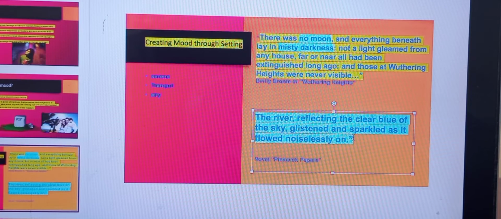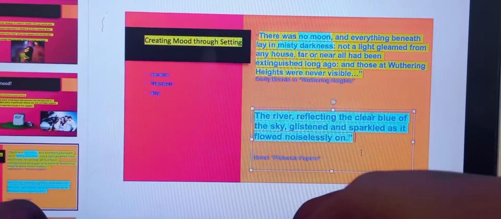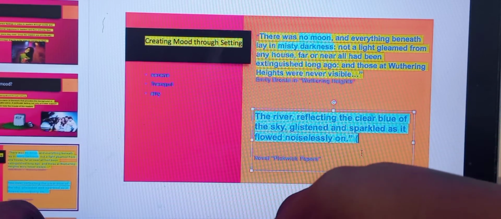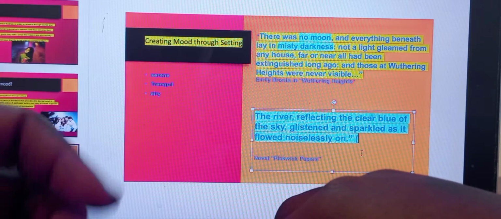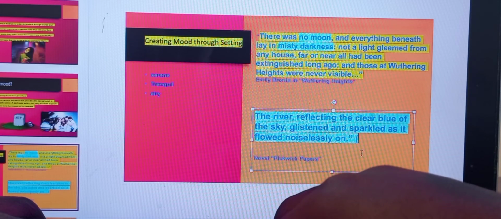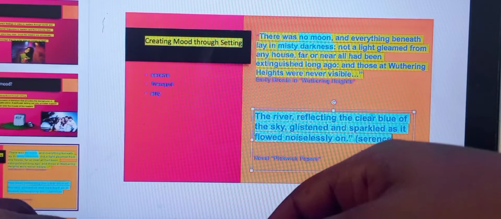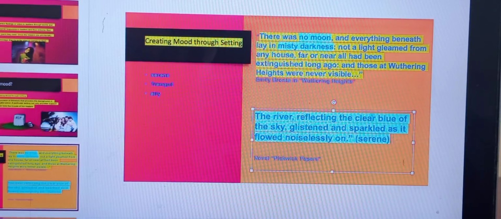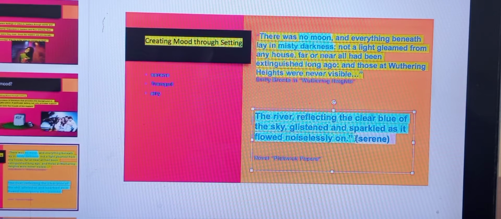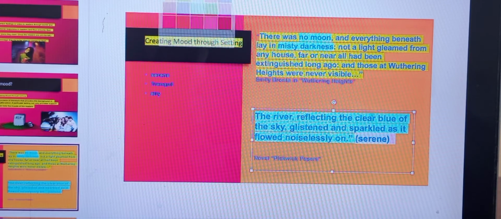Okay. And then in the second piece, we have the river reflecting clear blue of the sky, glistened and sparkled as it flowed noiselessly. So here we would say, the mood that is being evoked in us is one where it's serene. We get calmness based on the words that are being used.